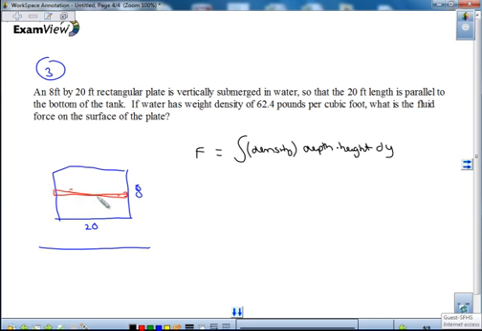So we're going to have the length of the strip, which would be the height. The length of the strip is 20, and this is dy. That would be the area of the strip.